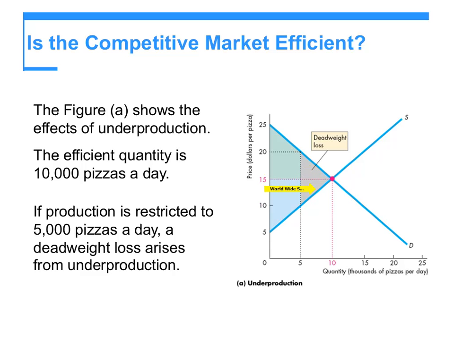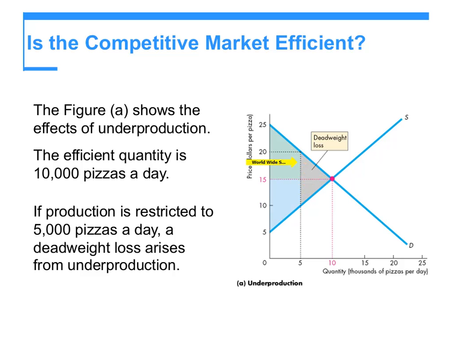If production is restricted to 5,000 pizzas a day, a deadweight loss arises from underproduction. We call this deadweight loss because we cannot produce enough to reach the efficient market. Because the government said you cannot, for example, produce like that, or resources are limited, anything.